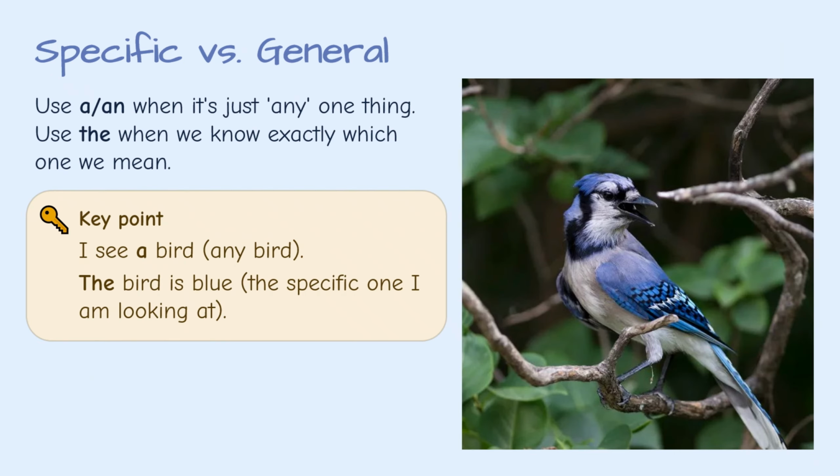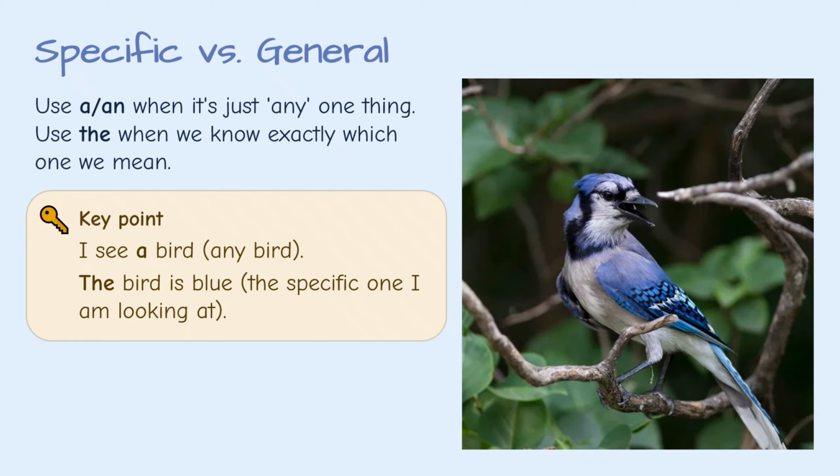Another important concept is use a or an when it's just any one thing, and use the when we know exactly which one we mean. For example, I see a bird. We use the article a as it's very general. It is any bird. Next is the bird is blue.